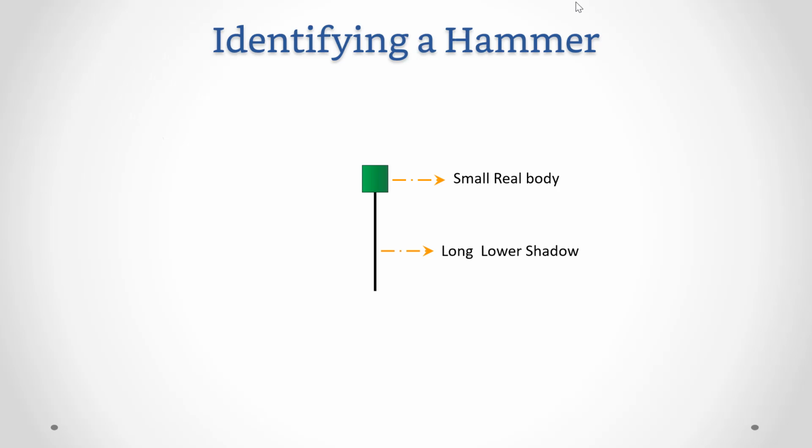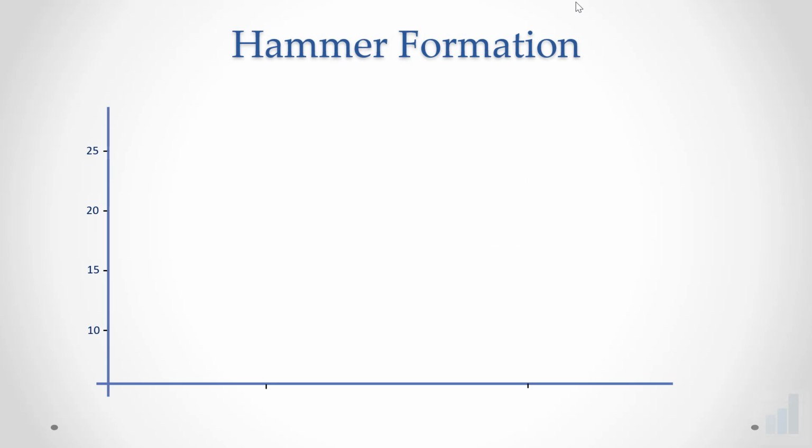And just to give you a taste of it, I'm going to show you a little animation of how a hammer is formed, so that it'll be easier for you to understand the logic behind it. So, the market opens somewhere around the 20 level in this example, and the sellers are very active in pushing the prices down, and the price comes down to 10 bucks.